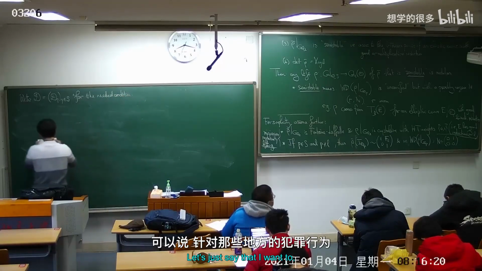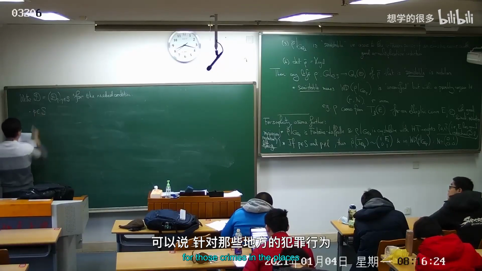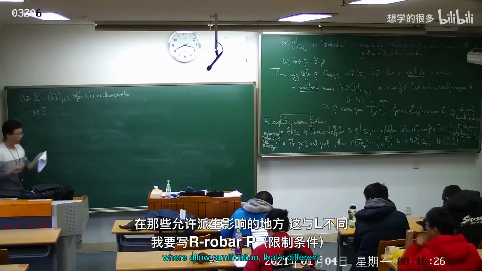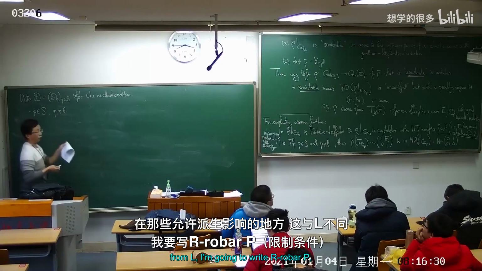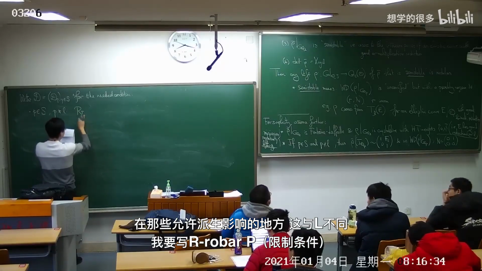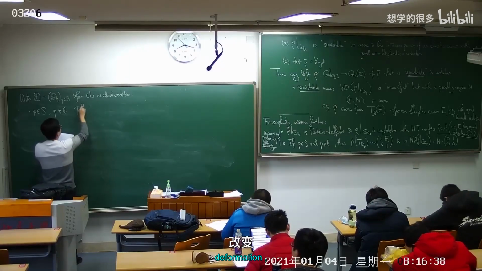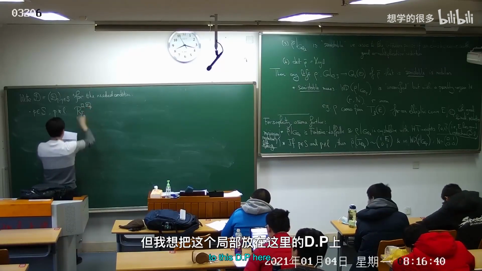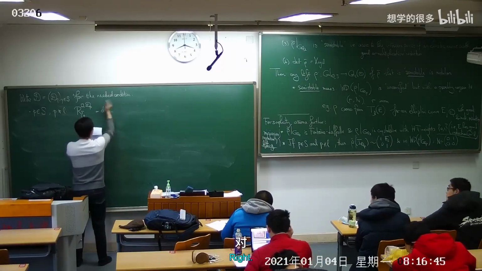In other words, for those primes in the places where we allow ramification, that's different from L, I'm going to write R rho bar p, meaning the restriction of your rho bar to p, framed deformation, but I want to put the local condition D_p here to mean deformation framed.